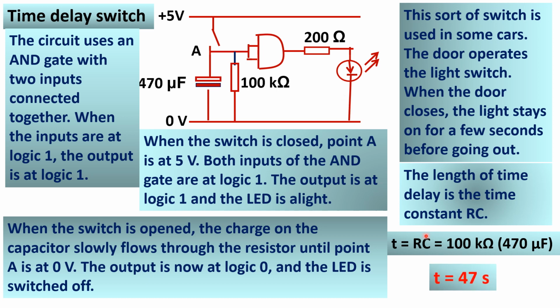So that time is just enough. 47 seconds is just enough for the driver to settle down upon getting into his car, and when the LED is switched off, that means he's now ready to drive.